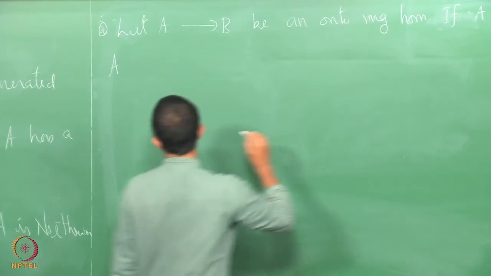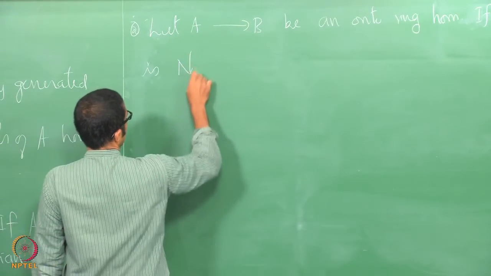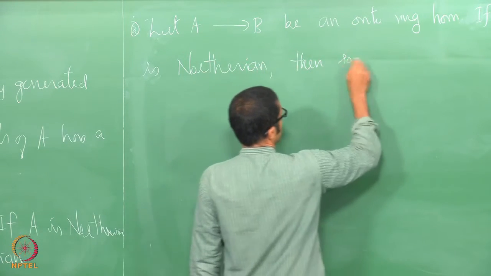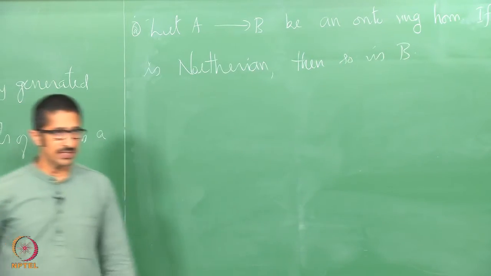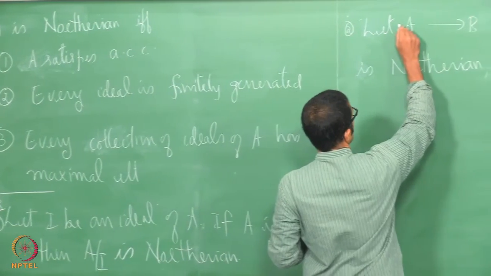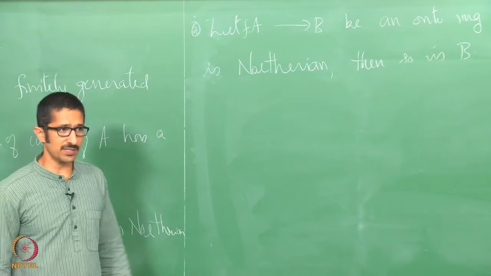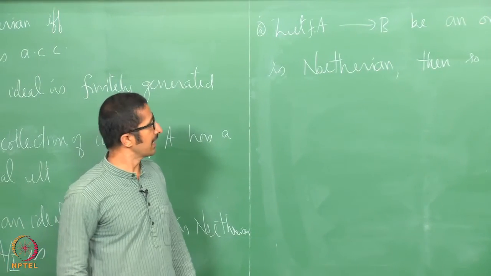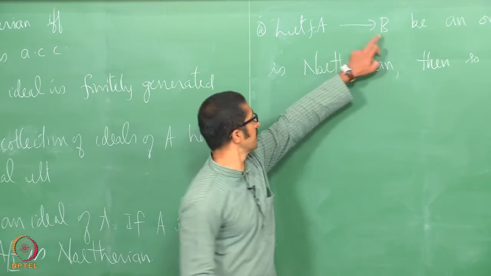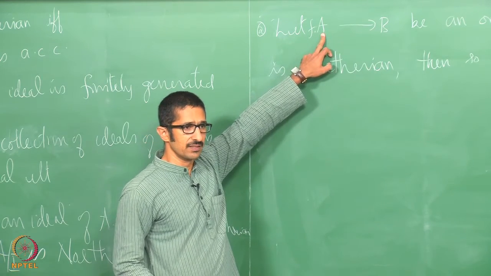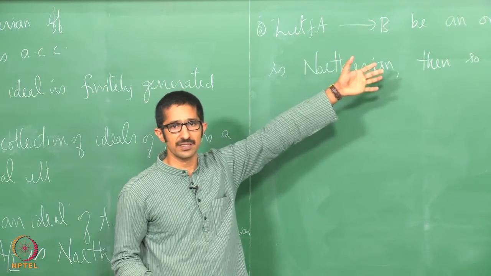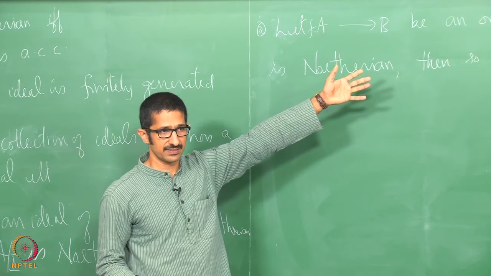If A is Noetherian, then so is B. If I have an onto ring homomorphism, then B is isomorphic to A modulo kernel f, right, first isomorphism theorem. If A is Noetherian, then A mod kernel f is Noetherian, which means B is Noetherian. Okay.